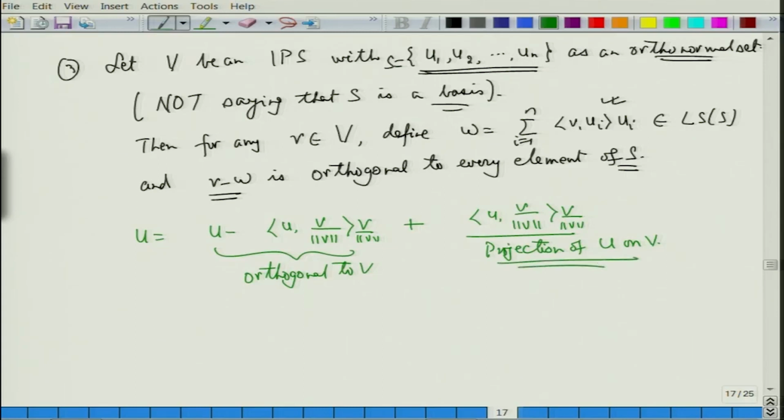We decomposed earlier U in terms of something which is perpendicular to V and which was parallel to V. We are doing the same thing here.